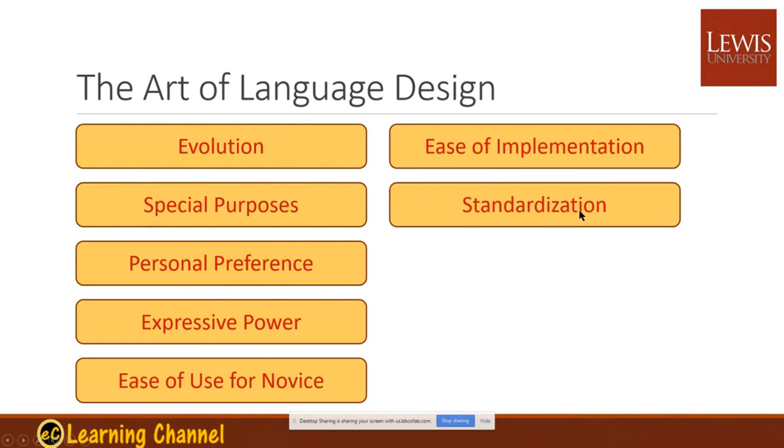Standardization is also important. For example, with languages like C, C++, in the early days there was no standard. It was developed in 1970 for the Unix system, but standardization was not available until around 1985, for the first ISO standard. So when I went to college, there was no standard for C, C++.